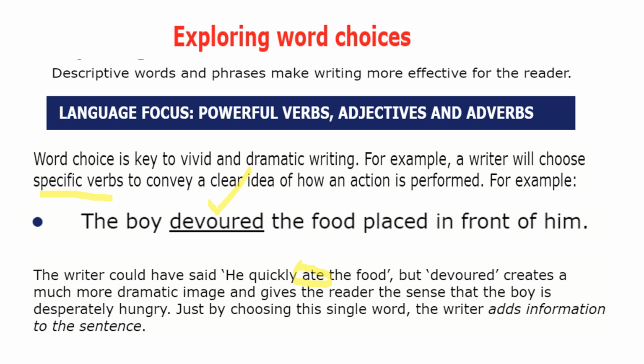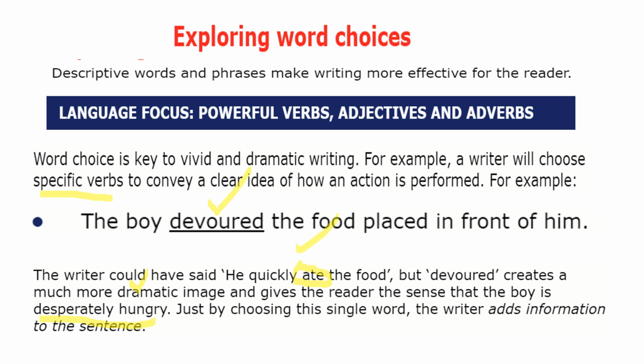Why? Because this word is more dramatic and it gives a vivid image to the reader and a sense that the boy is desperately hungry. And this sense of desperate hunger is not in the word ate.